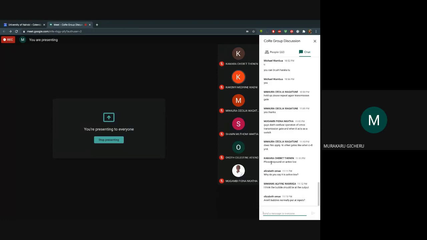Kamara and Elizabeth both ask, how do you explain active low? You know how when we had a control switch, we had a bubble here, and then a control switch here.